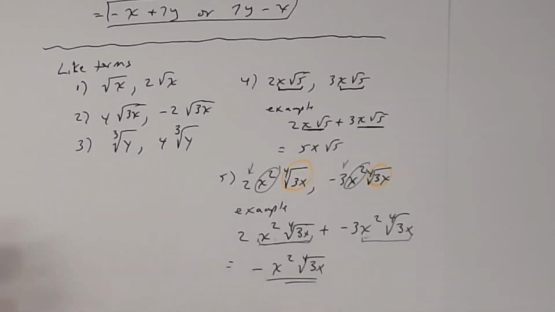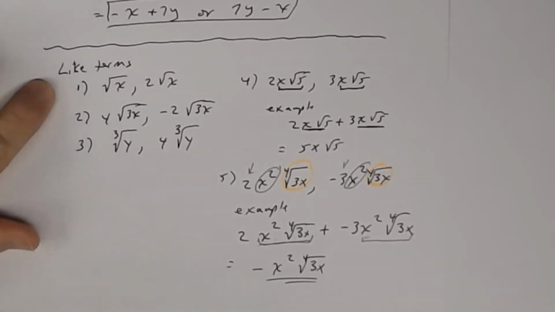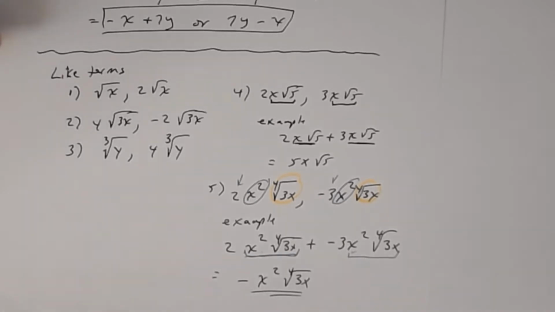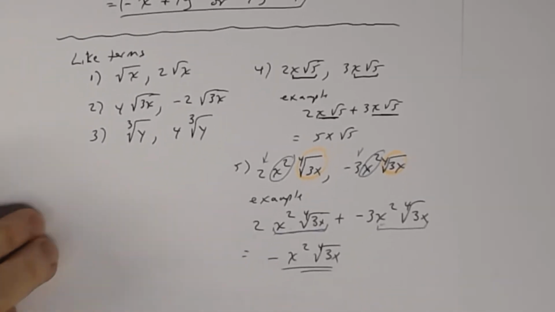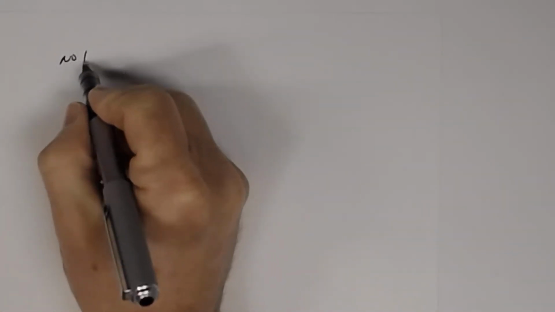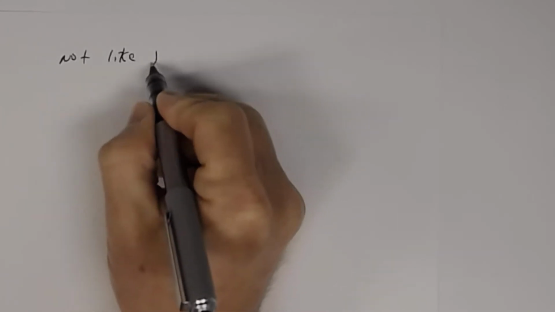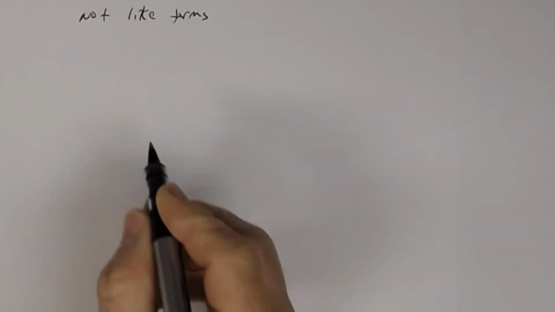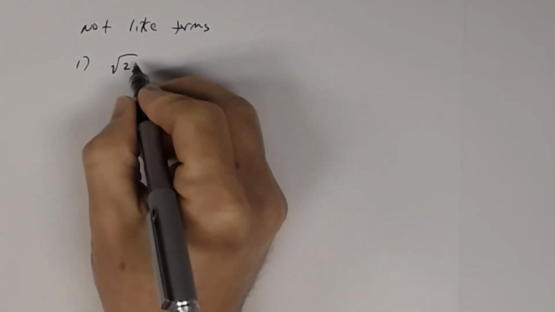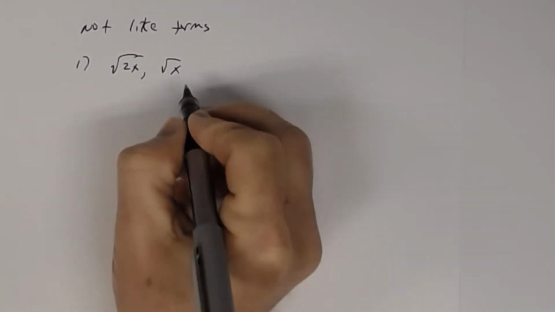Okay? All right, so let's look at examples that are not like terms. All right, so number 1. The square root of 2x, comma, the square root of x.